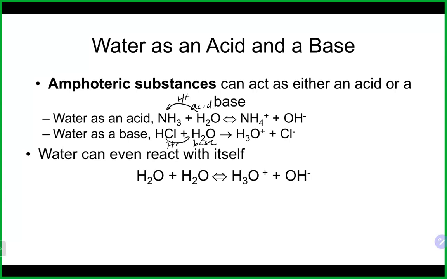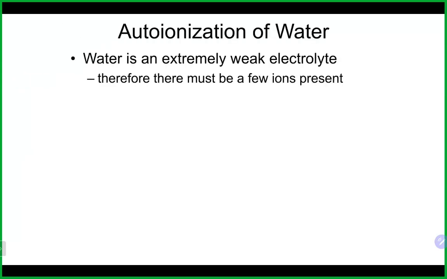One water is acting as an acid, the other water is acting as a base, and it will make H plus and OH minus. So this is always sort of happening. The amount of H plus or OH minus that's in the solution is important to whether or not the solution is acidic, basic, or neutral. And that sets up what is known as an equilibrium.